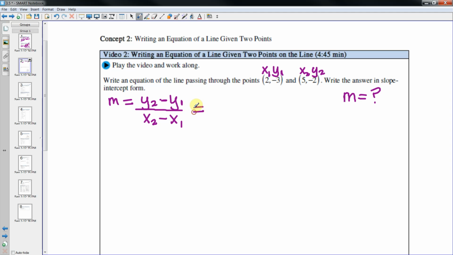So I'm going to put in my y2, y1: negative 2 minus a negative 3 over 5 minus 2. So that means negative 2 plus 3, which gives me a positive 1, over 5 minus 2 is 3. So my m is 1/3.